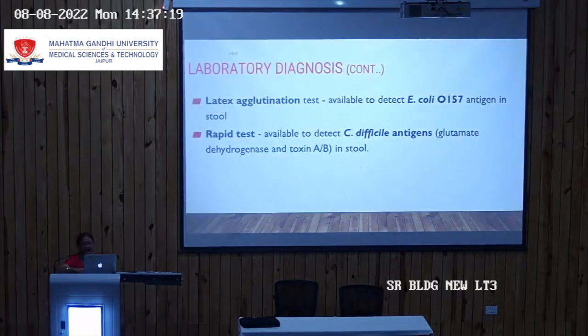Then latex agglutination is another type of rapid test which is done for E. coli O157, which is the strain which causes the diarrhea. Then a rapid test is also done for Clostridium difficile antigen.